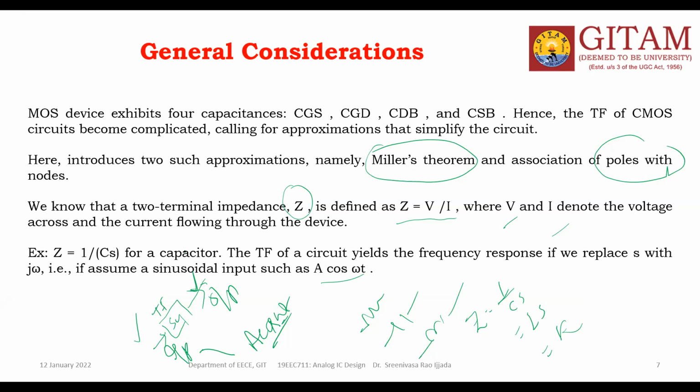What type of input is applied? A sinusoidal input is applied in the frequency response, whose value may be cos omega t, where you can vary the omega value from 0 to infinity and observe what type of response the circuit is producing. That is the frequency response definition. Got my point?